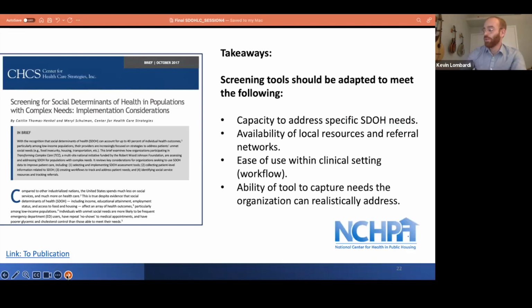I'm going to briefly go over some resources that may be helpful in helping you to expand SDOH programs at your own institution, if that's your focus. This publication in particular is the best that I have found validating the adaptation of screening tools in clinical context.